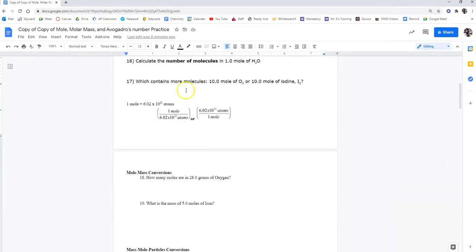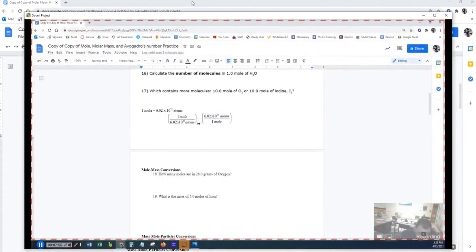Ooh, here's a good one. Which contains more molecules, 10 moles of O2 or 10 moles of iodine? 10 moles of O2. If we multiply this by 6 times 10 to the 23, that will give us molecules.